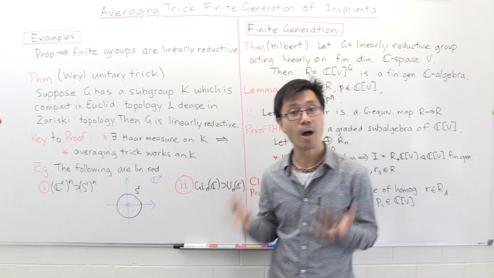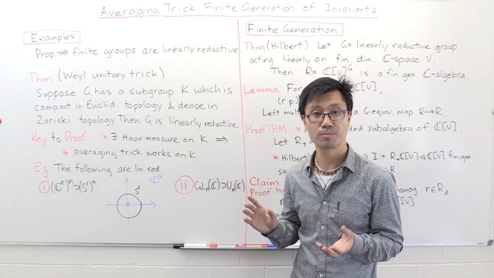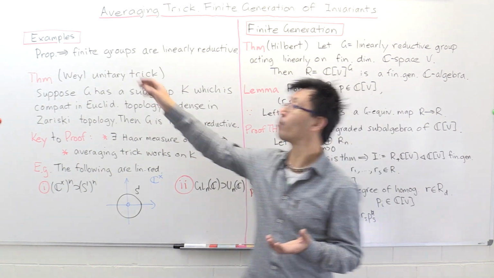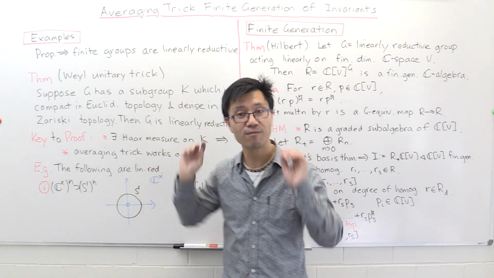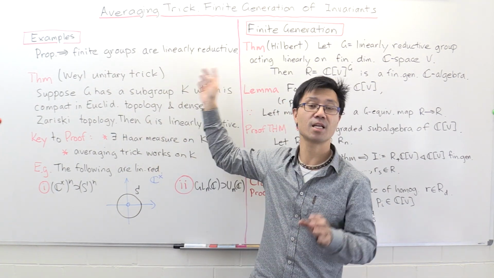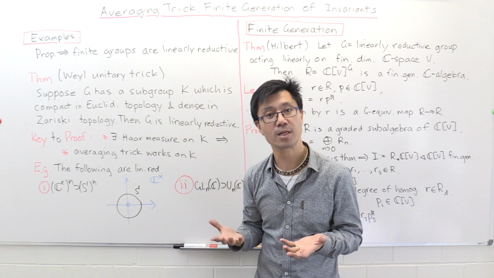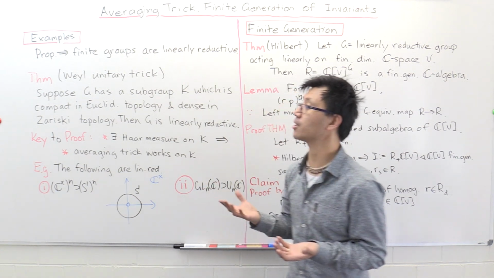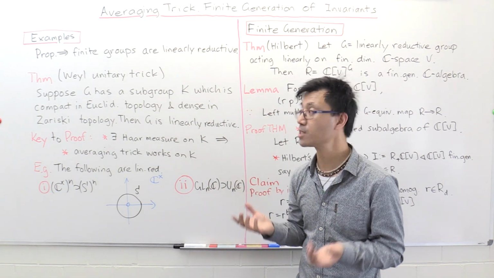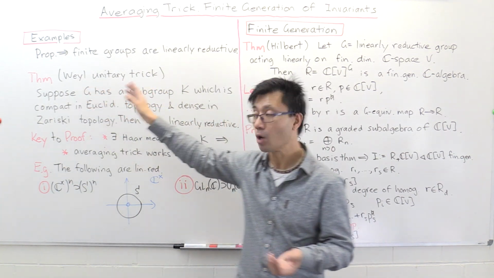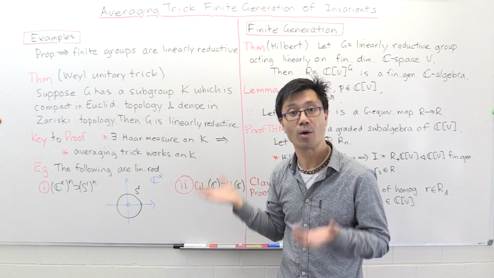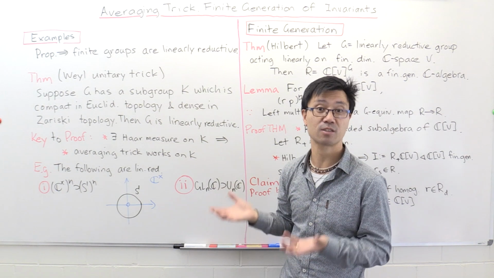So what are some examples of linearly reductive groups? Well, of course, the way I set it up, the proposition tells us straight away that any finite group is going to be linearly reductive. But what about other examples? Examples which are infinite. Well, we have this wonderful result due to Weyl, which tells us lots more interesting examples of linearly reductive groups.